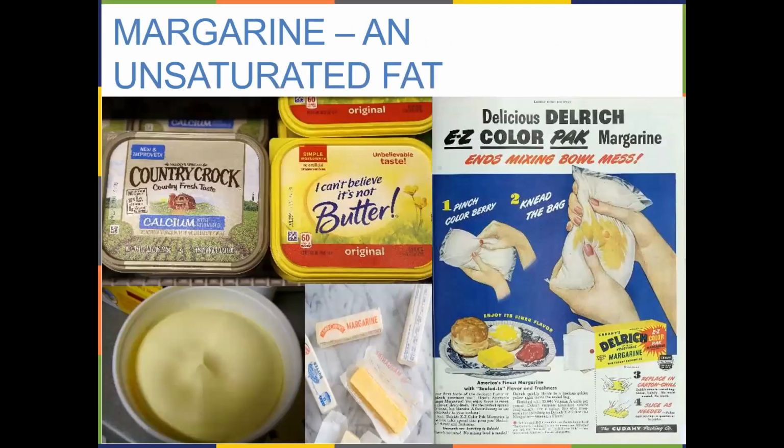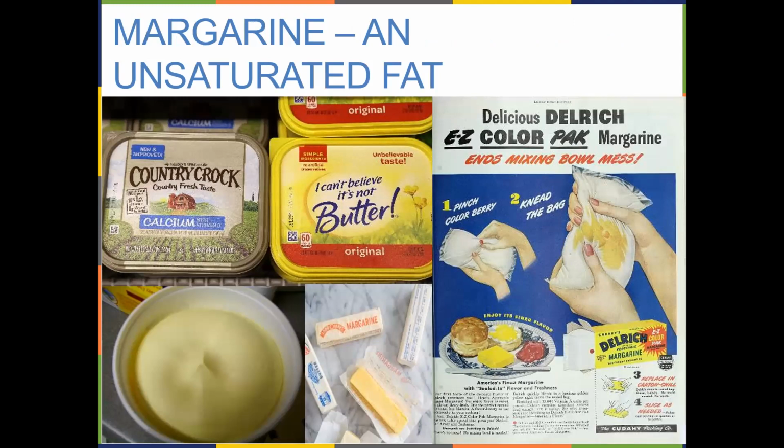fats. Here we see margarine. Margarine is an unsaturated fat. It is hydrogenated. You take the unsaturated fat and hydrogenate it by adding hydrogens on there, break the double bonds, and then you get all these examples of artificial butter.